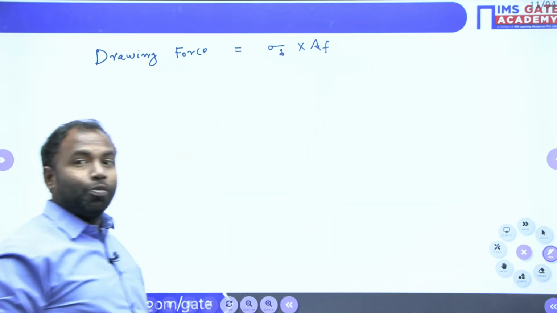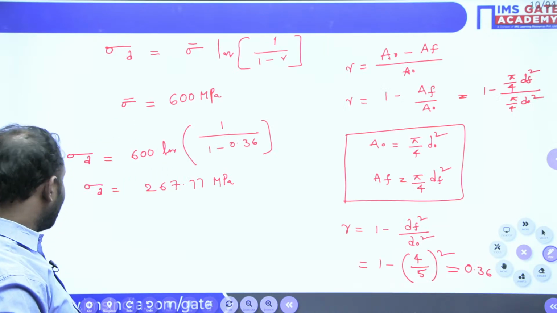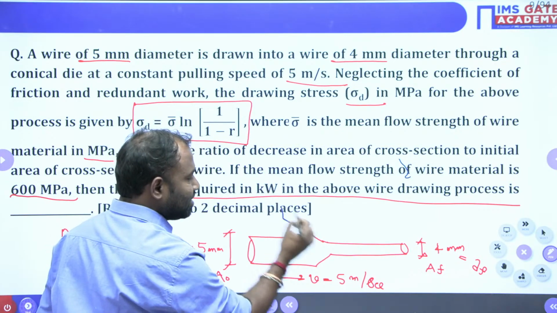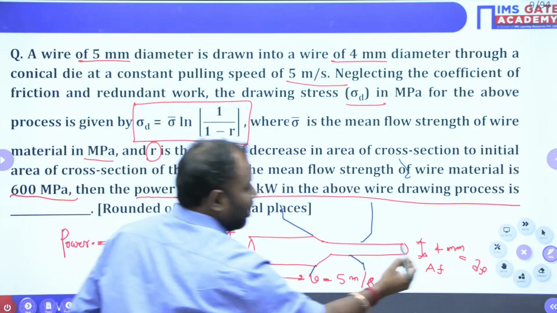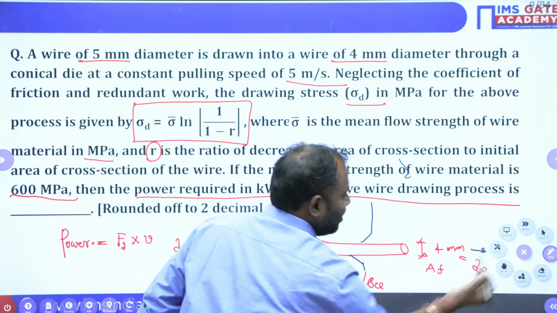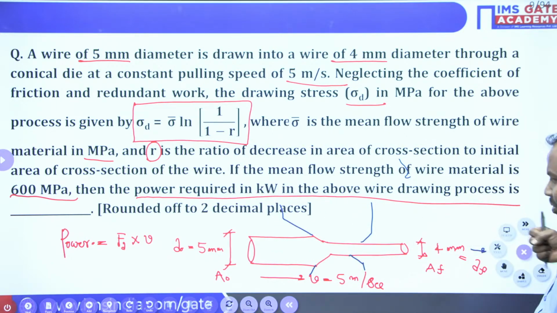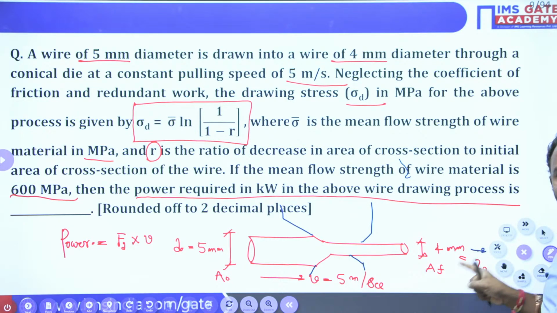You may ask, sir, why can't we consider the initial cross section area? Because during the drawing operation, these are the dies. We are applying the tensile load in the drawing, so we are pulling the rod from here, in between the two stationary dies. That is why we are applying load at the end.